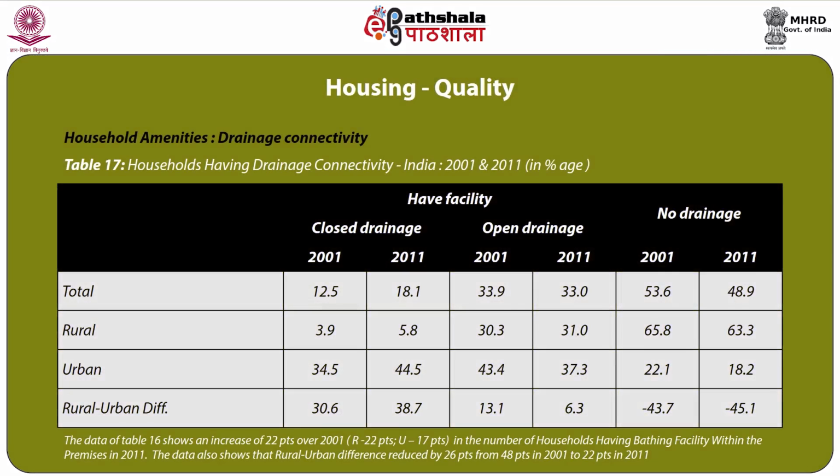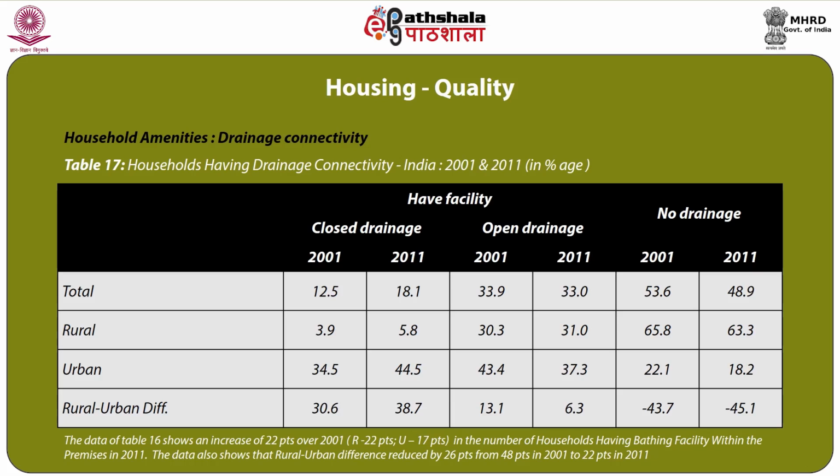Drainage connectivity, Table 17. Households having drainage connectivity, 2001 and 2011. The categories are closed drainage, open drainage and no drainage. The rural-urban differentiation is largely seen in this category.